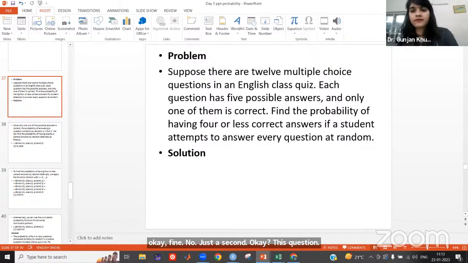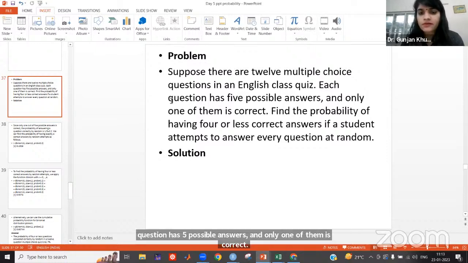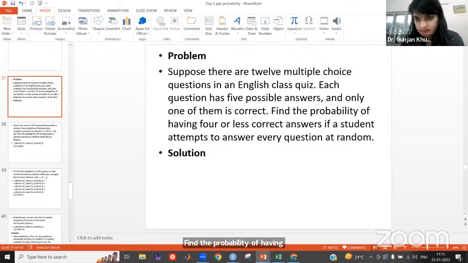Suppose there are 12 MCQs in an English class quiz. Each question has 5 possible answers and only one of them is correct. Find the probability of having 4 or less correct answers if a student attempts to answer every question at random. So all of you tell me the answer only, okay?